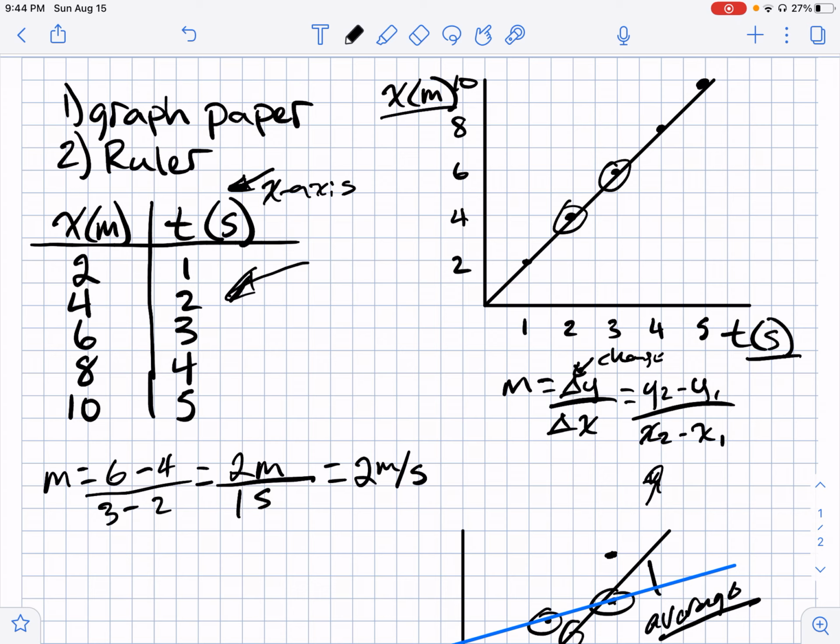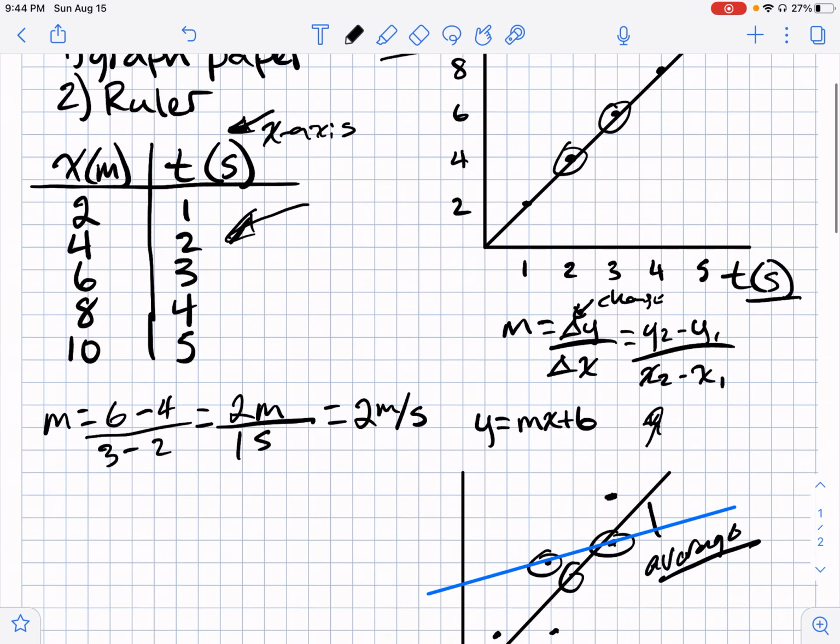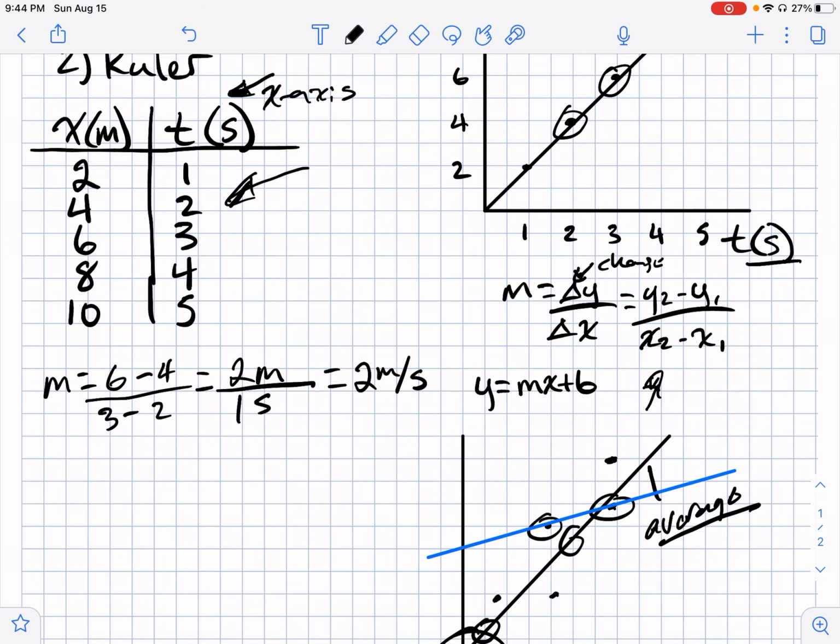So there's my slope. And then the last step is we're going to put it into the equation of a line. If you remember from math class, the equation of a line is y equals mx plus b. Now again, we're in physics, so we're not going to use just y and x because now these things mean something. My y was position.